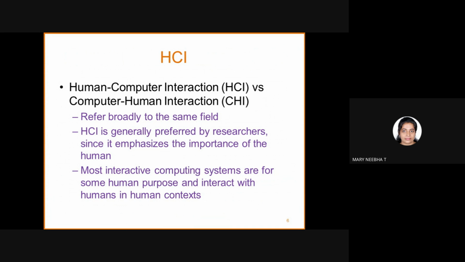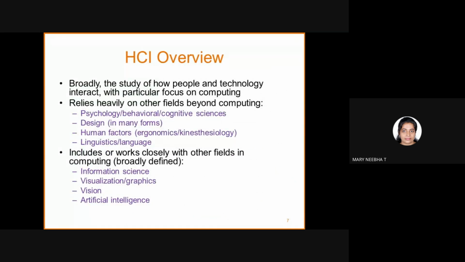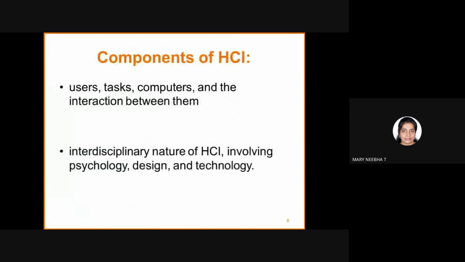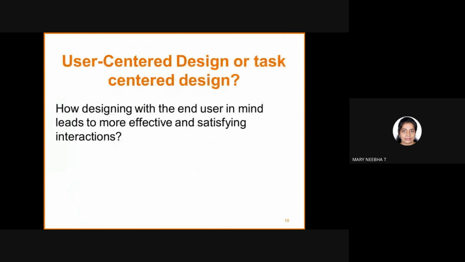We have different models in HCI. Basically, these models we classify as model view controller. That means we take the common architectural pattern in interface design.